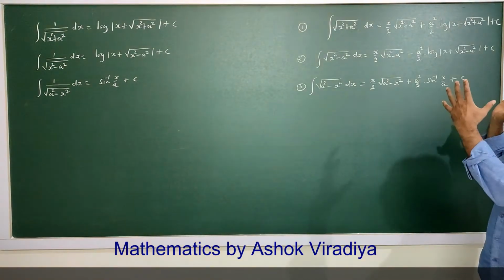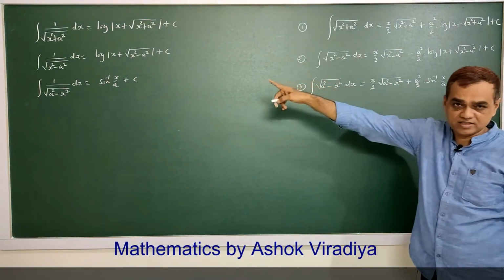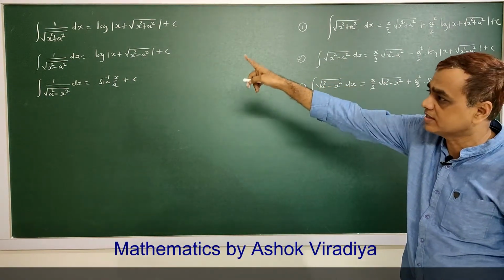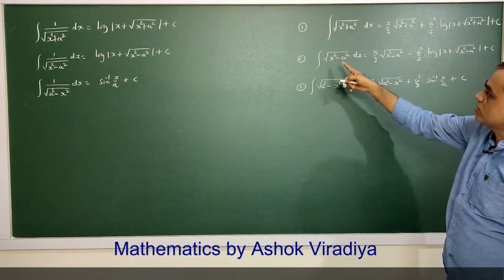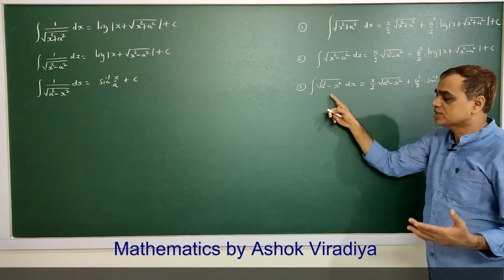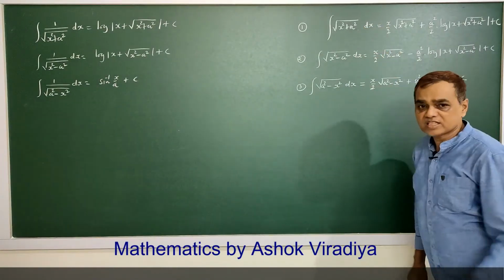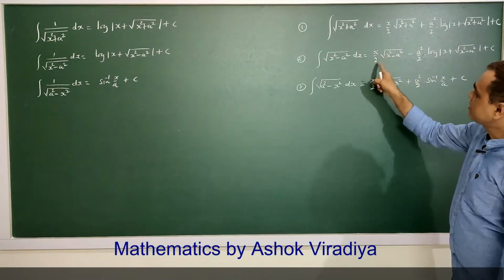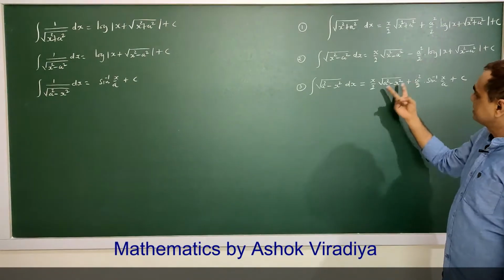So see how to learn these formulas. There is a connection with those formulas we already worked on. Here we have root x square plus a square, root x square minus a square, root a square minus x square. In all these three formulas, the beginning is x by 2. Then whatever root term is, keep it as it is.